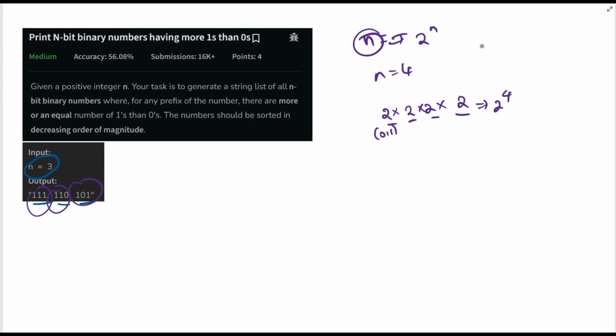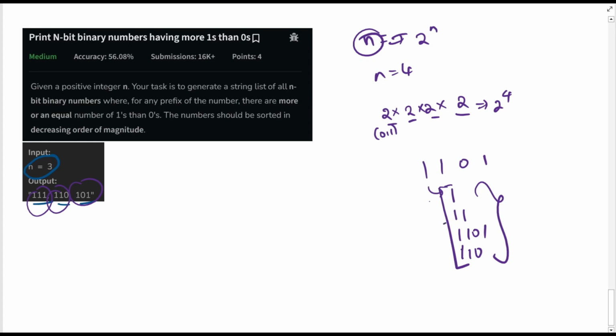And when you get one such combination, let's say 1101, you check all the prefixes, like 1, 11, 110, 1101. You check whether the number of ones is greater than or equal to the number of zeros. How many such prefixes would exist?